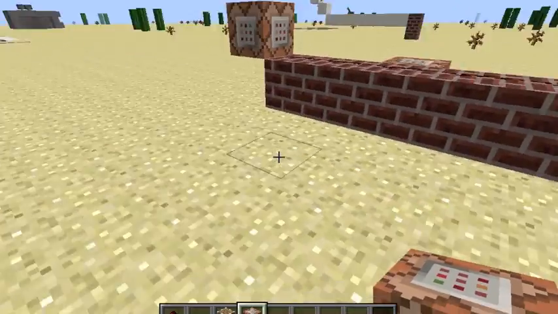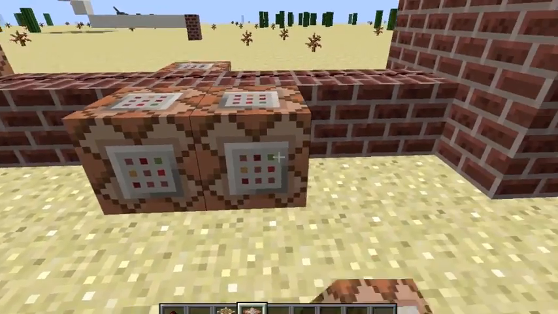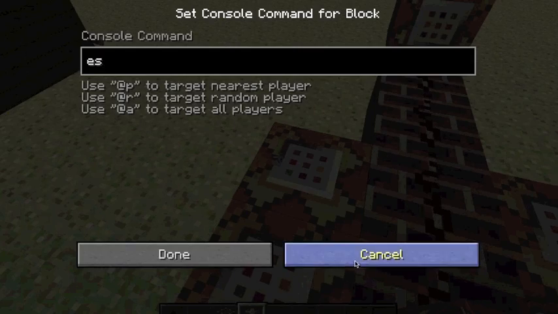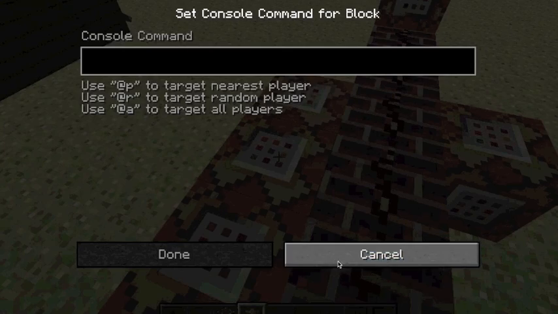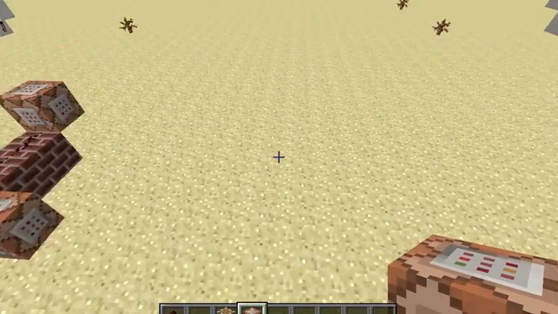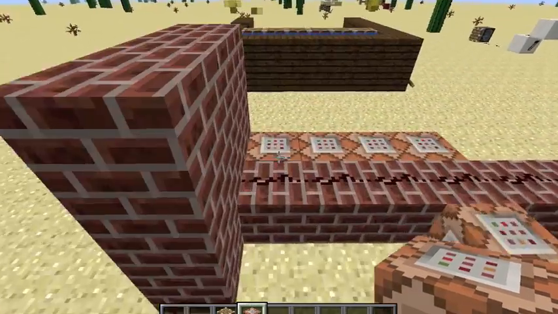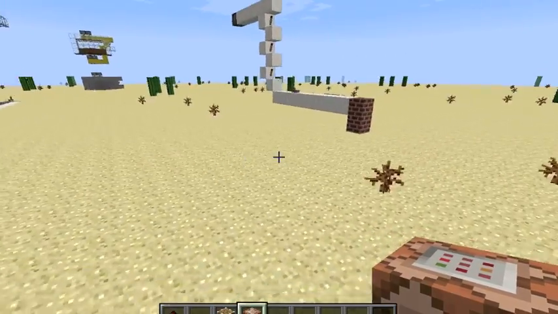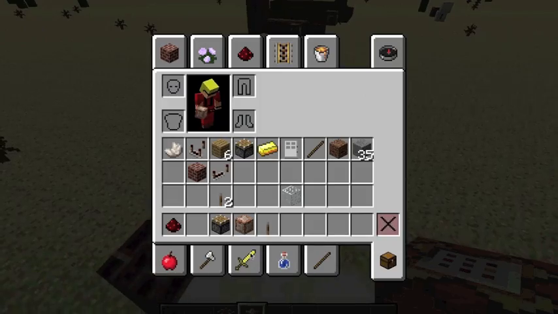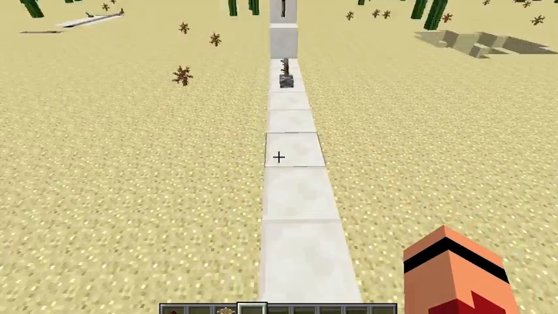If I wanted to add more effects, I just add more command blocks, and I can give each of them a different command, and then I can get a different effect as I teleport. I can even probably set in a spawn command so that when I teleport, all of a sudden 20 zombies are spawning on me. That'd be unpleasant. That's what you can use it for.